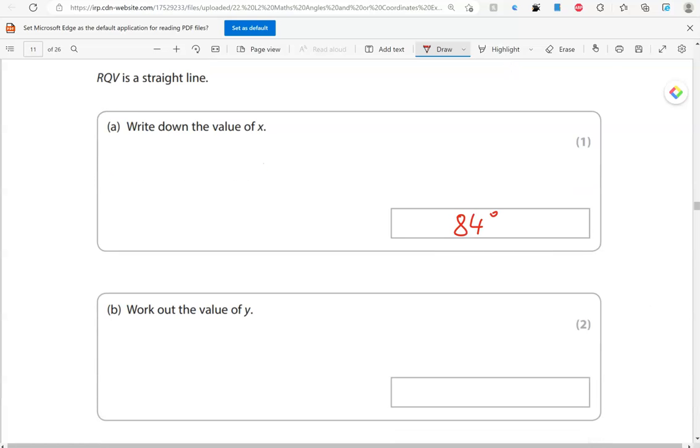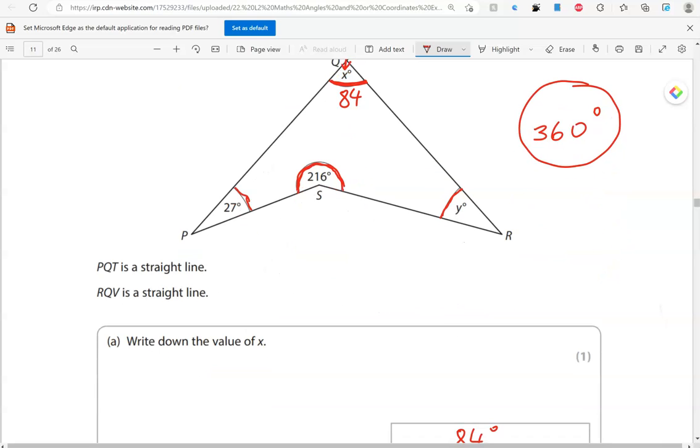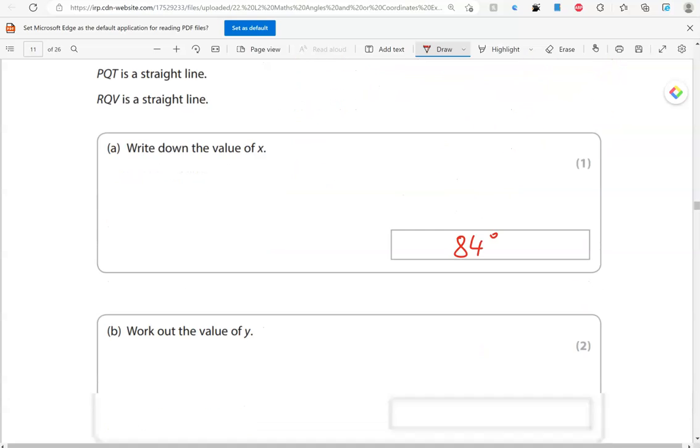Work out the value of y. Now, to work out y, we can use angle x, this angle here, which is 27 degrees, angle P, in other words, and angle S, which is 216 degrees. So if I add angles X, P, and S, and then take away the total from 360, should give me angle Y. So I'm going to do 84, add 27, add 216.